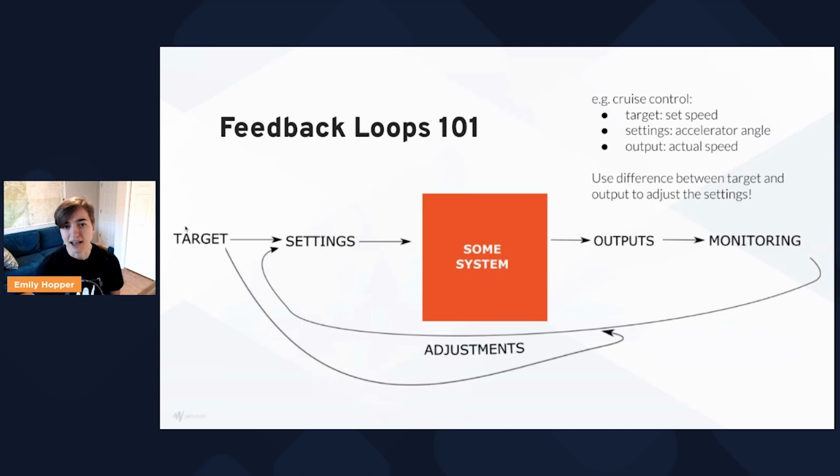In this case, the target would be the speed you set for your car. The output would be the actual speed you're going, and the setting is how hard you press the accelerator pedal. By monitoring your actual speed relative to the set speed, your car knows whether it needs to pull off the gas or not.